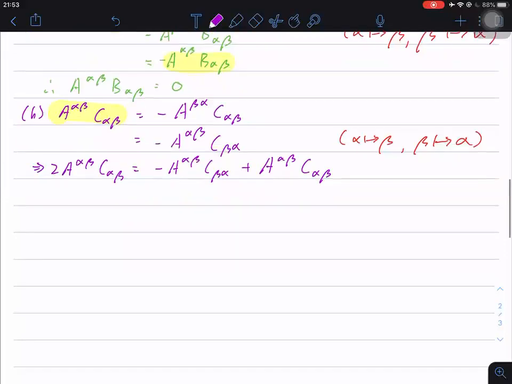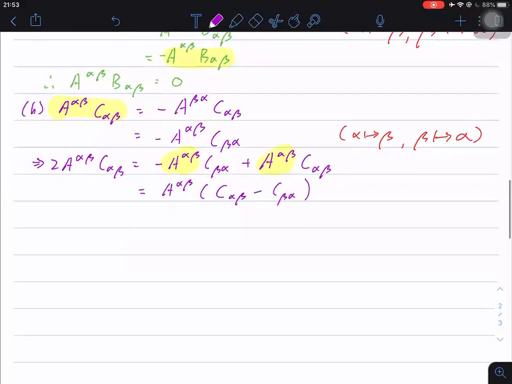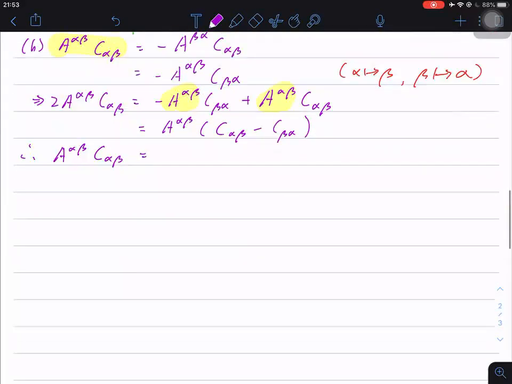Since we have A alpha beta here, you can group them into this form. Therefore, we divide the whole equation by 2, then we can prove it.